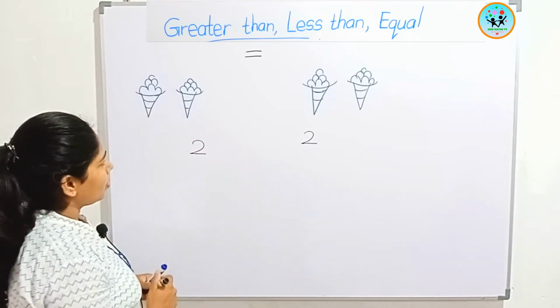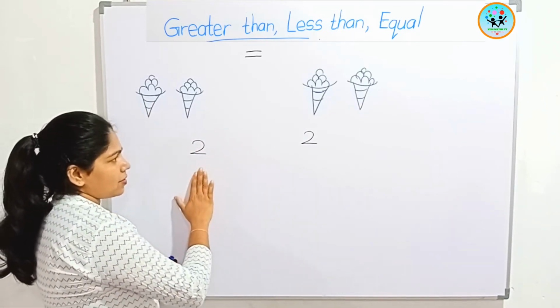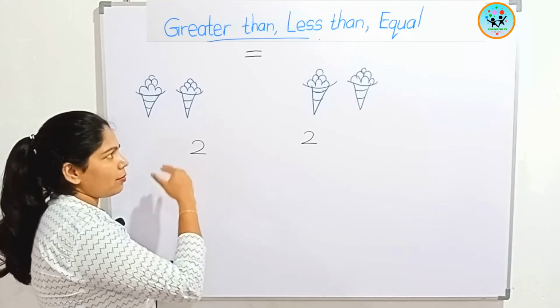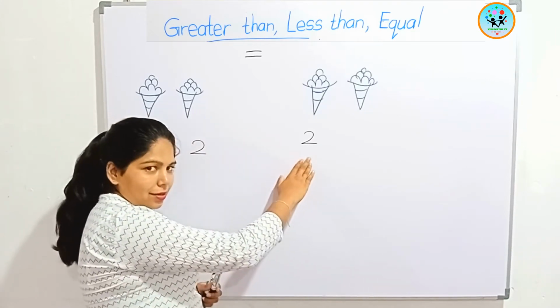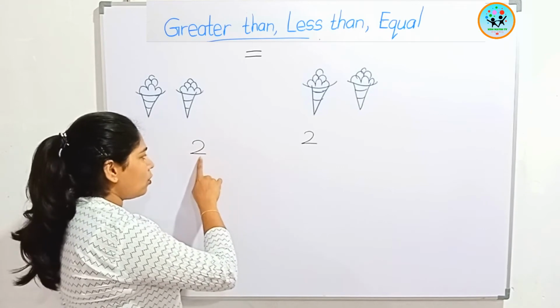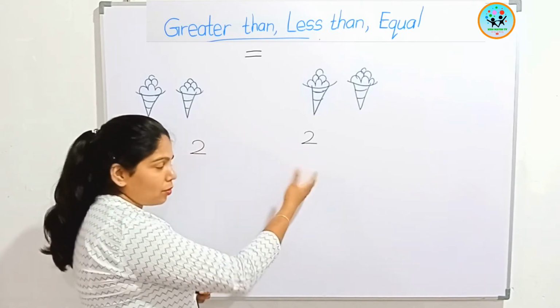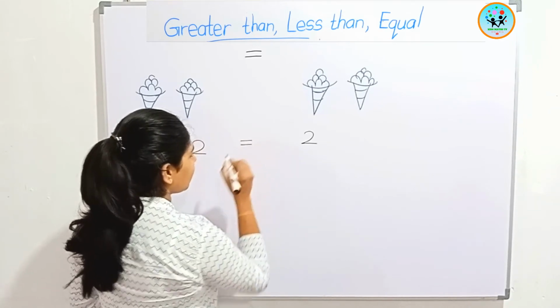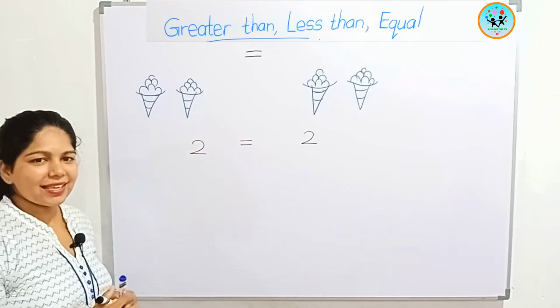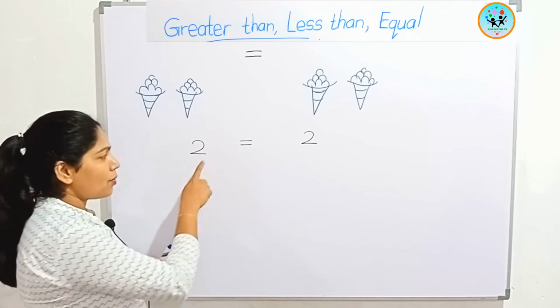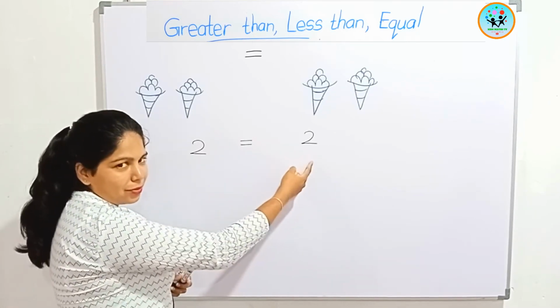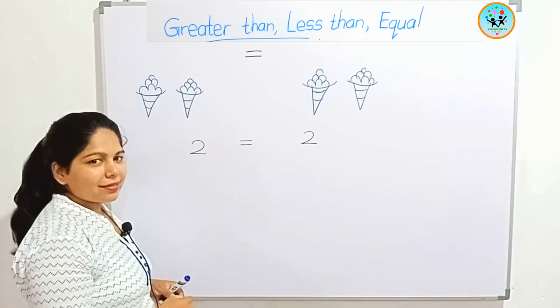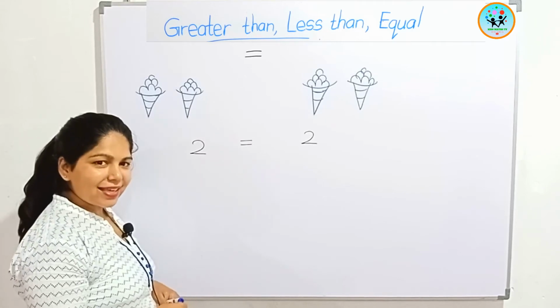Now, left side you can see 2 ice creams. Right side you can see 2 ice creams. 2 is equal to 2. The symbol is like this. This is very easy. 2 is equal to 2. Let's consider another example.